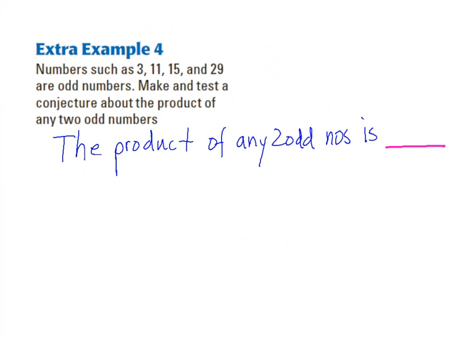Going on to the next example, it says make and test a conjecture about the product of any 2 odd numbers. So we're going to multiply 2 odd numbers. So if I did 3 times 5, I'm going to get 15. So I'm going to make a conjecture that all products of odd numbers are going to be odd.